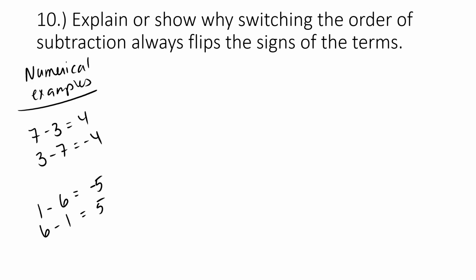So you might start with just playing around with some numbers and see, when I switch the order of the subtraction, do I always flip the signs? Where this came from was that when we have big long strings of things that are subtracting, we just flip the signs of everything.